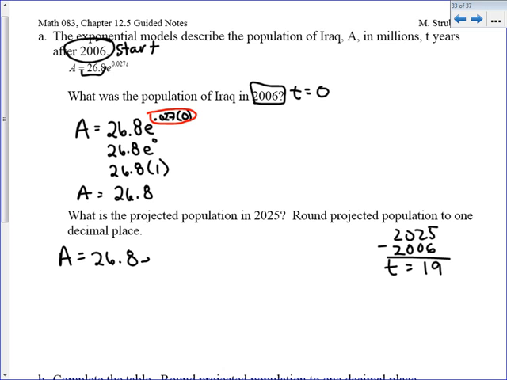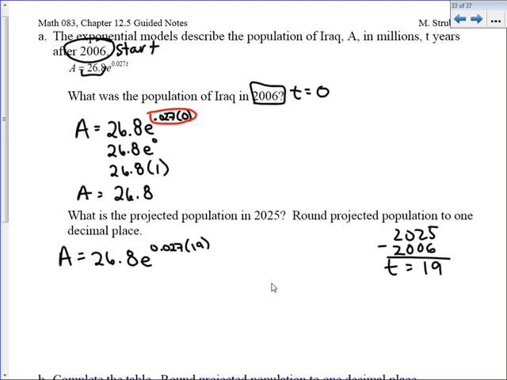26.8 e to the 0.027 times 19. If you have a graphing calculator or one of these types of calculators that holds a display, you can put that in your calculator all at one time. If you have the other type of calculator, it's trickier. You've got to work backwards.